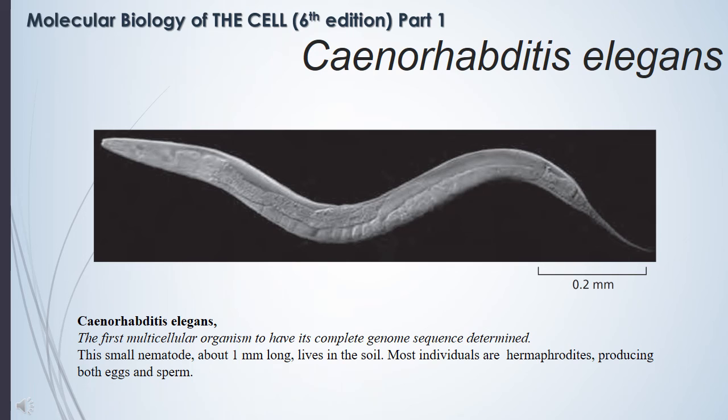The C. elegans is the first multicellular organism that has had its complete genome sequenced. It's a small nematode, about 1 millimeter long. It lives in soil, and the individuals can be hermaphrodites that produce both eggs and sperm, which makes the generation of the progeny quicker and easier.